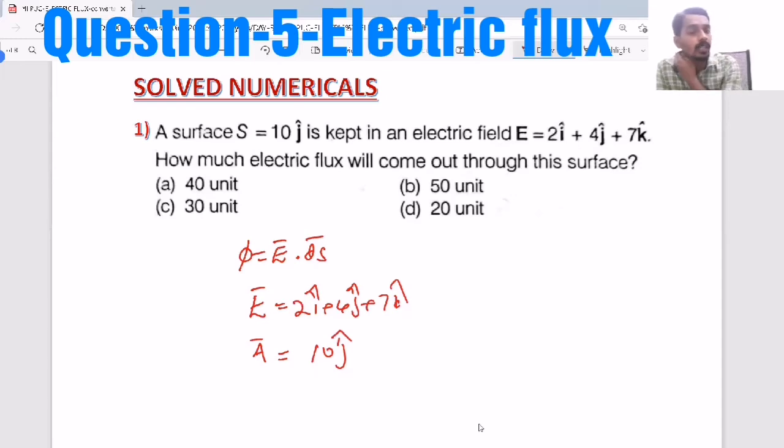Same thing they can also mention like 10 meter square in the xz plane. If the area is in the xz plane, the area direction means normal to the surface, that means y direction, j cap.